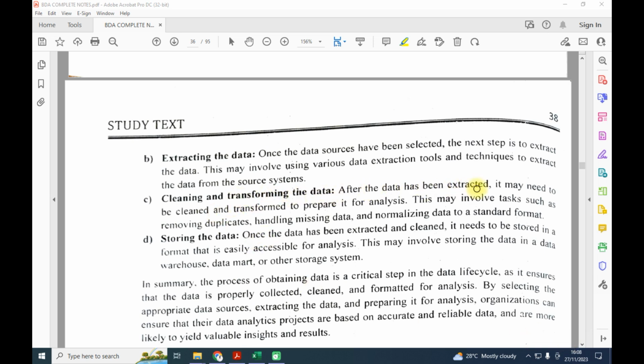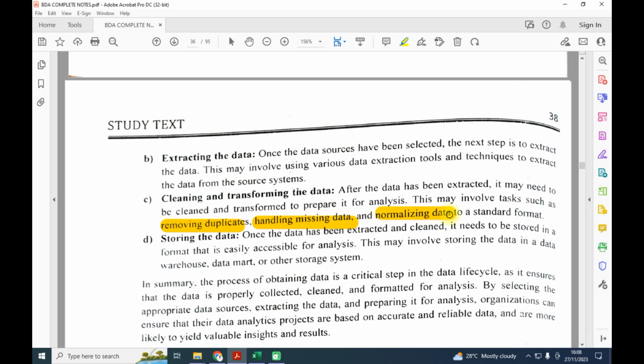After the data has been extracted, it may need to be cleaned and transformed to prepare it for analysis. This may involve tasks like removing duplicates, which is under cleaning, and handling missing data, making sure you don't have any data that is missing.